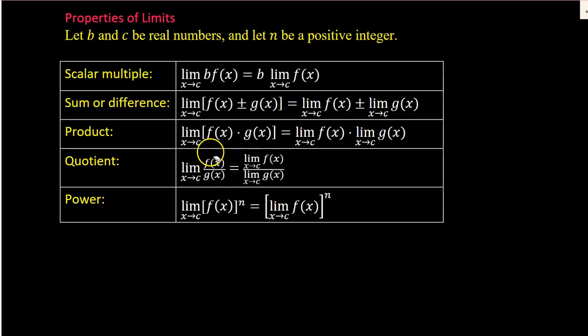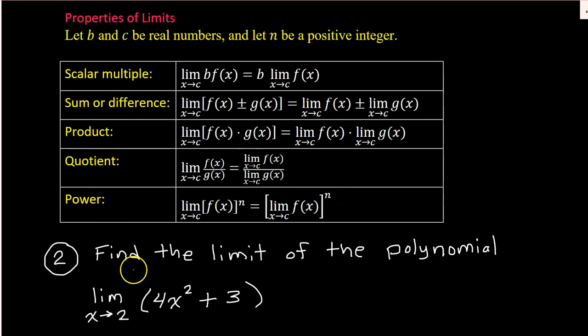If I have the limit of something divided by something, I can take the limit of each part separately and then divide. And then finally, there's the power rule that says if you have the limit of a function that has an exponent on it, you can take the limit of the function first and then apply the power afterwards.